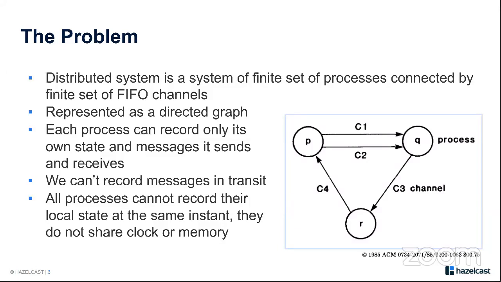We try to snapshot the global state of the system, but it's not possible just by telling them to snapshot, because if we try this, then every process will do it at a slightly different moment, and the snapshot will not be consistent. Also, we cannot ask the channels to record messages.